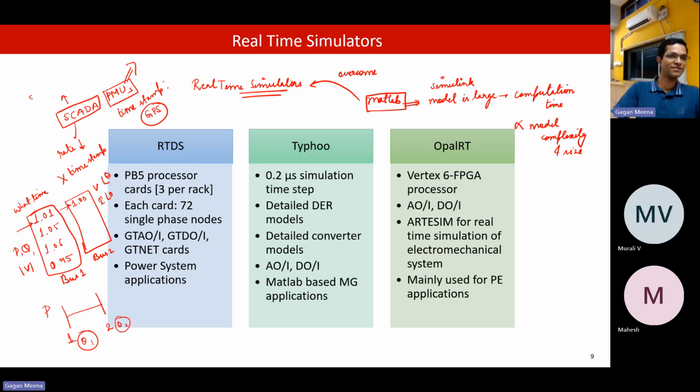We use these in control centers for state estimation, to know the existing state of the system: what the line flows are, what the voltage values are at different buses, currents, everything. With SCADA, the state estimation was non-linear. But with PMUs, we have a linear state estimator. So that is another big advantage.